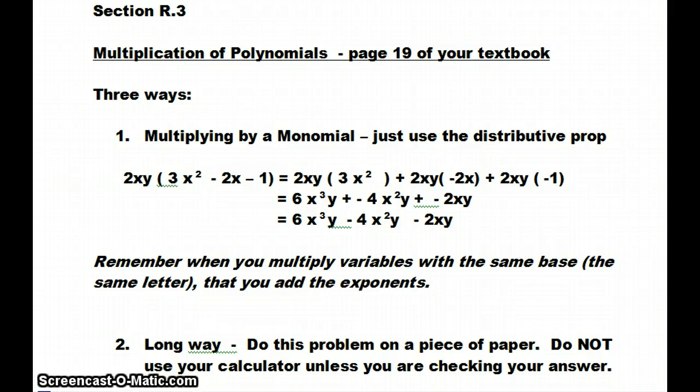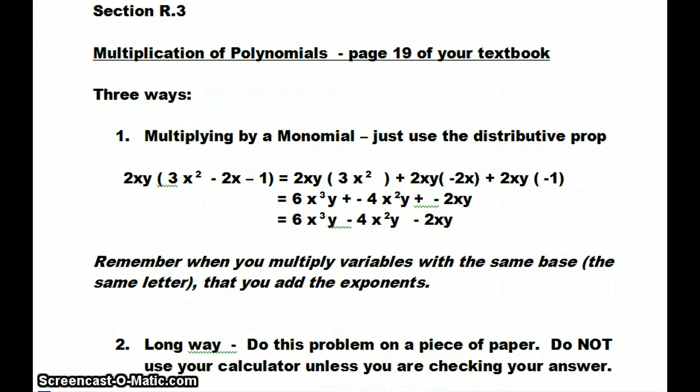So remember again, a term is composed of possibly a number, like you see the 3, and a letter that are side by side, which means that they're multiplied, so those are called factors. And the term always includes the sign in front of it. So in that first set of parentheses, we actually have three terms. 3x to the second is the first one, negative 2x is the second term, and minus 1 is the third term. There's one term on the outside, which is 2xy.